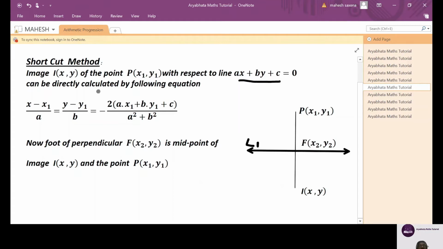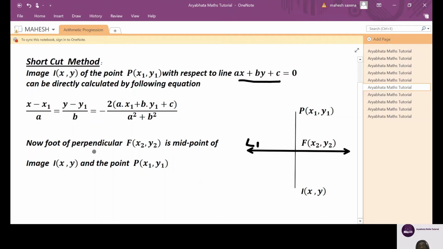Therefore, in this case, x minus x1 upon a is equal to y minus y1 upon b is equal to minus 2 into ax1 plus by1 plus c upon a square plus b square. Therefore, we can easily find the coordinates of the image by solving this equation for x and y.